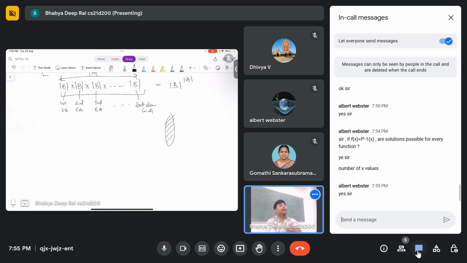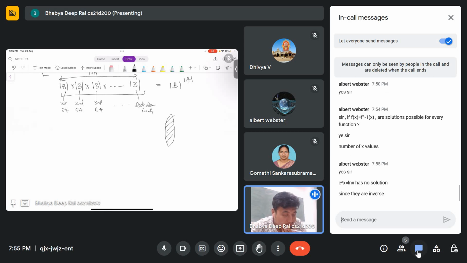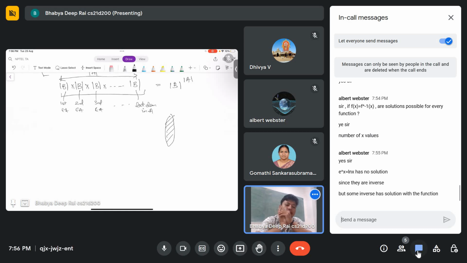Okay. If f(x) equals f inverse of x, this is what is called the identity permutation, right? Okay. e to the x equals ln of x has no solution since they are inverse. But some inverse has a solution with the function.